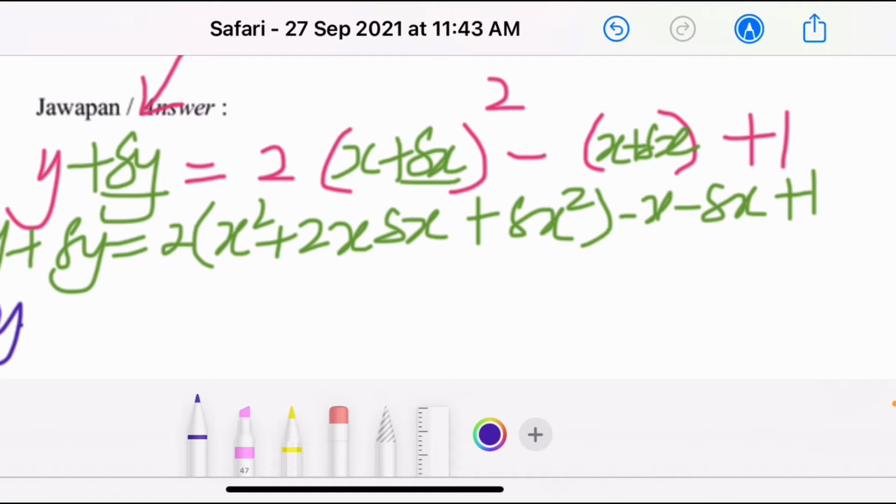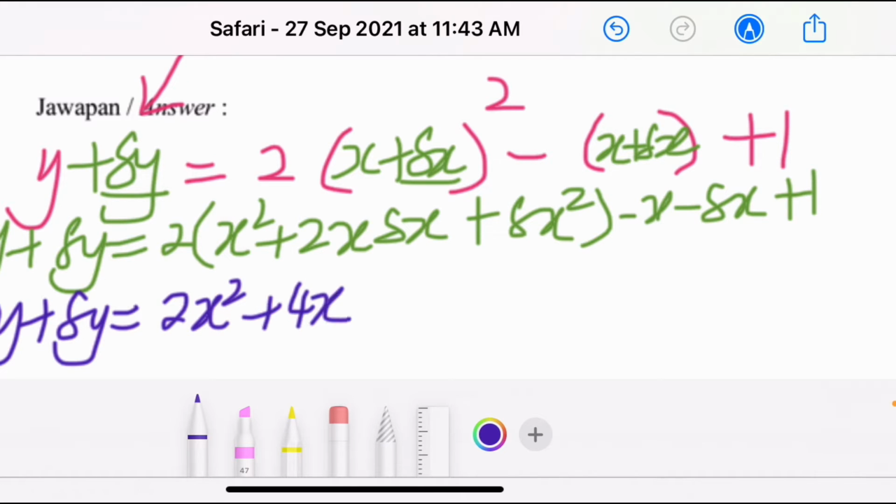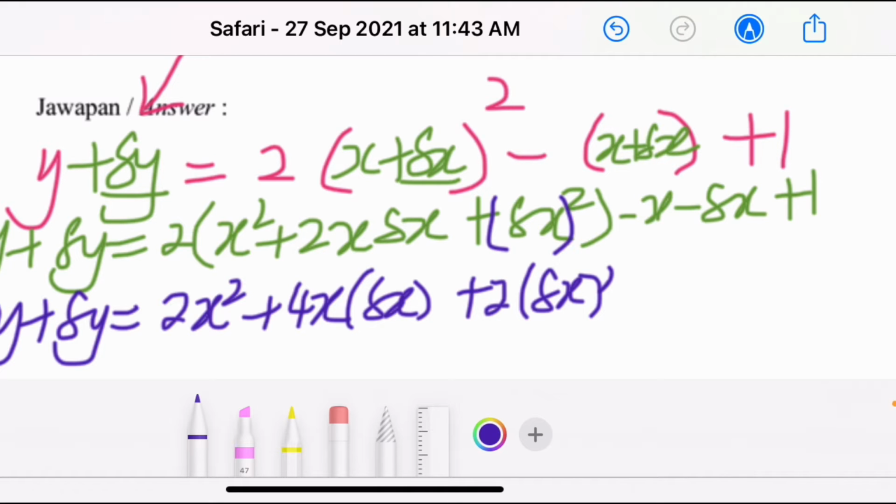It means small changes. Delta y means small changes in y. So we expand 2 times the bracket, which gives 2x squared plus 4x delta x plus 2 delta x, the whole thing squared, minus x, minus delta x, plus 1.